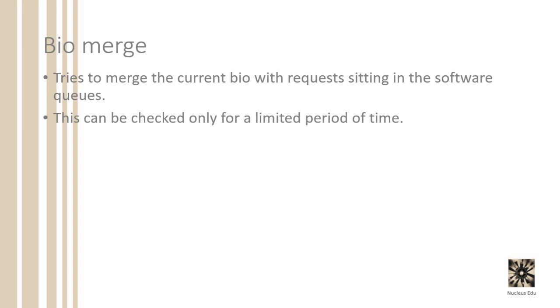And this being the fast IO path, there is usually not much time to spend checking. So in the current kernel code, usually it checks for the next 8 requests and that is it. As I mentioned, there are too many requests, so that just checks for a short period of time.